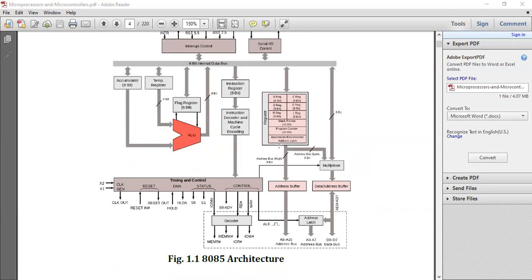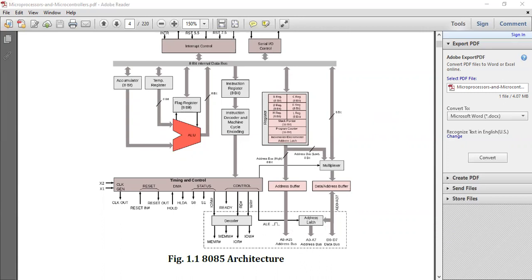You can see an increment or decrement address latch, and an address buffer and data or address buffer. The data lines and address lines are combined with the help of a multiplexer. If you want to send data and address lines together, this address latch will be used to send both.